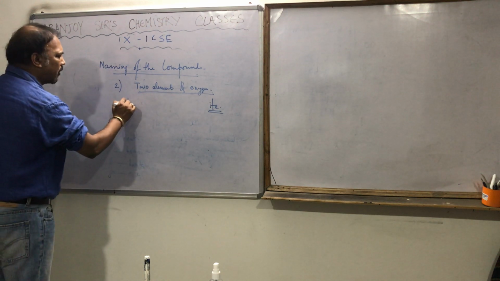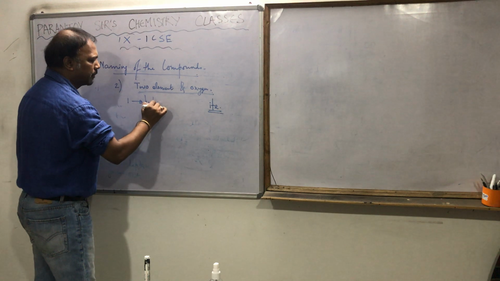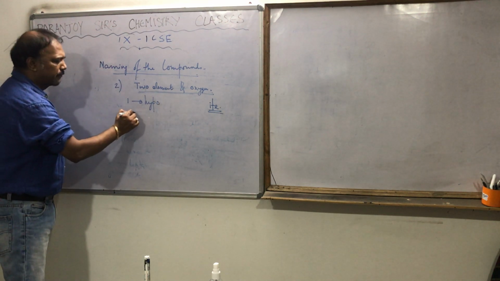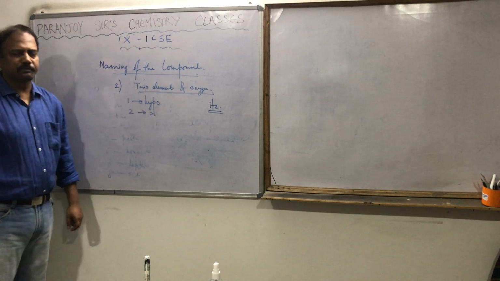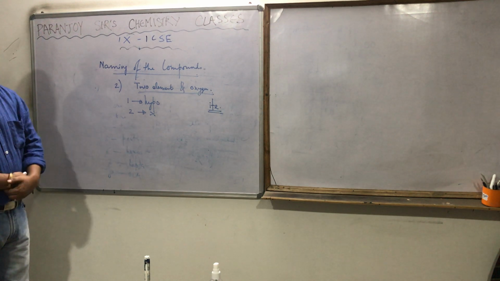Now, if one oxygen is there, we write it hypo. If two are there, we don't write anything. No prefix before the last one.